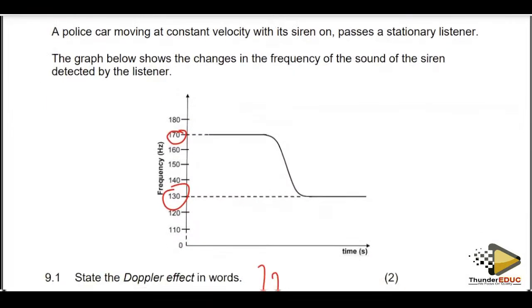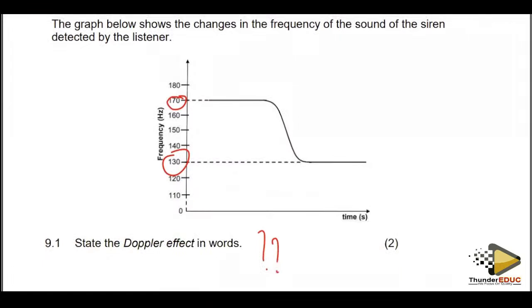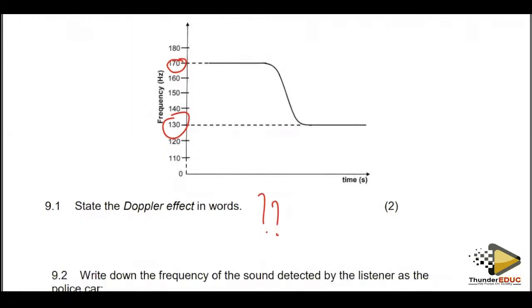It's either way; you can use the 170 or the 130. Let me see what I have. The velocity of the listener is zero, and the frequency of the listener. I have two of them.